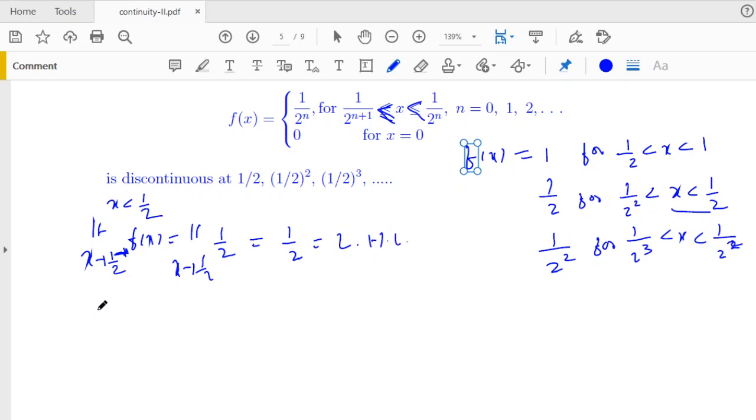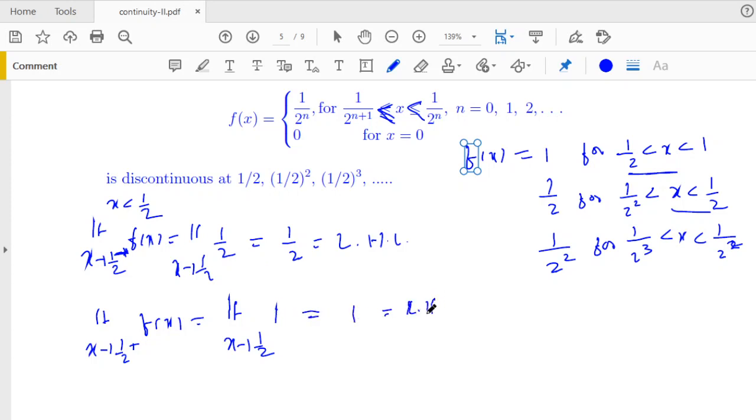And what about the right hand limit? The limit as x goes to 1/2 plus of f(x). When x approaches from the right side, that means x is greater than 1/2. When x is greater than 1/2, f takes this value, therefore this is equal to 1.